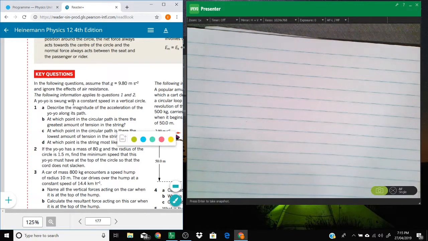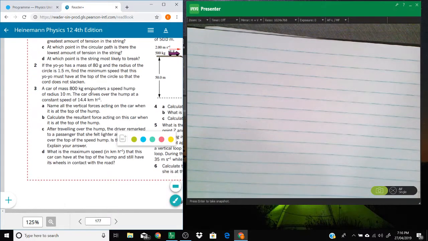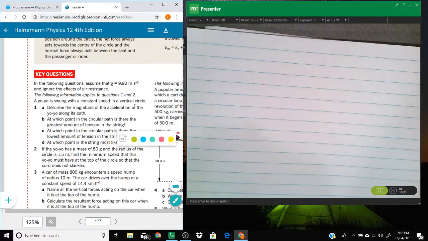Describe the magnitude of acceleration of a yo-yo along its path. I don't want to go into the translational spinning of it. A yo-yo is spun at constant speed in vertical circles.